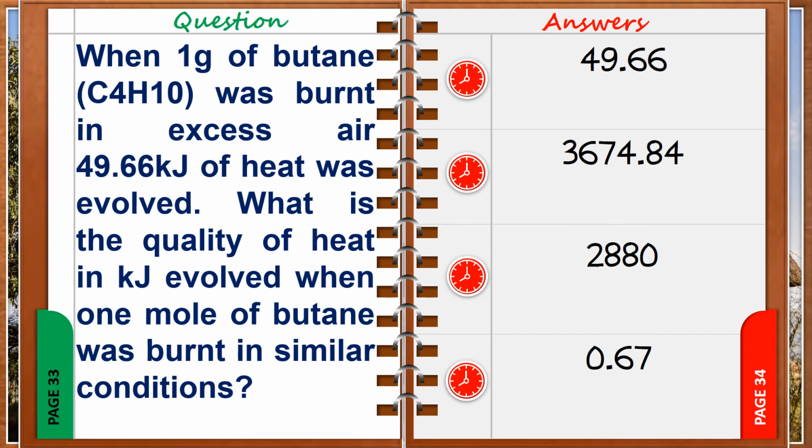What is the quantity of heat in kilojoules evolved when 1 mole of butane was burnt in similar conditions? 2,880.